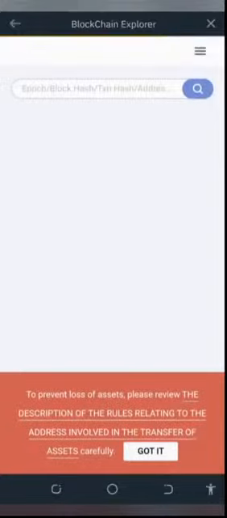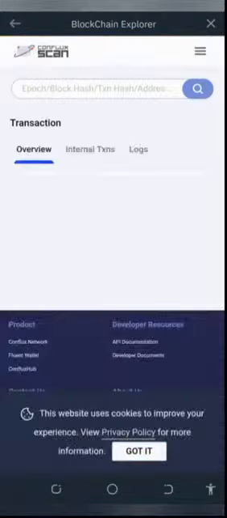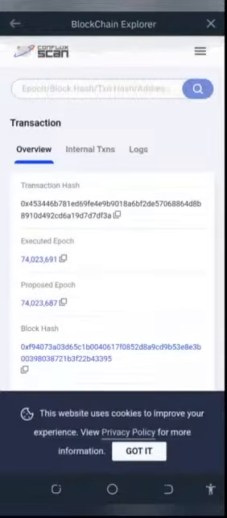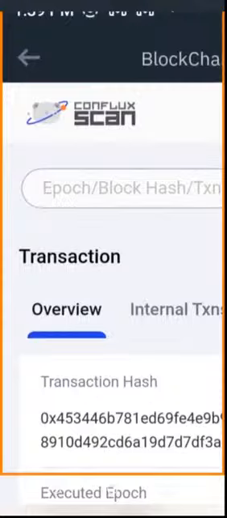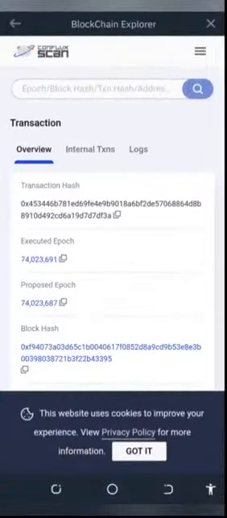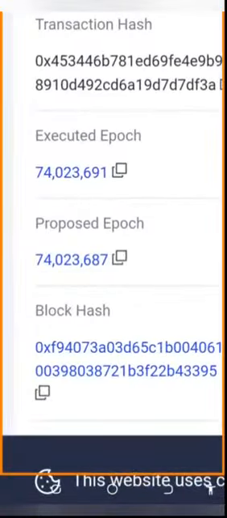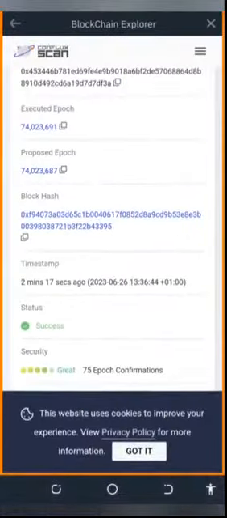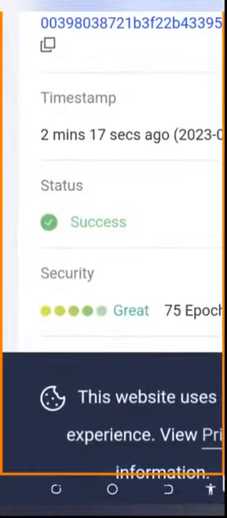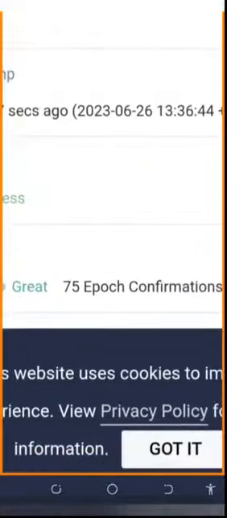It takes time. Okay, to prevent the loss of assets, please... Oh, what's all this? Okay, got it. Let's see what is going on here. Is there anything we need to check? This is Conflux Scan. All right. It's still doing its thing. Still working. It says success, actually. Status is success. All right.